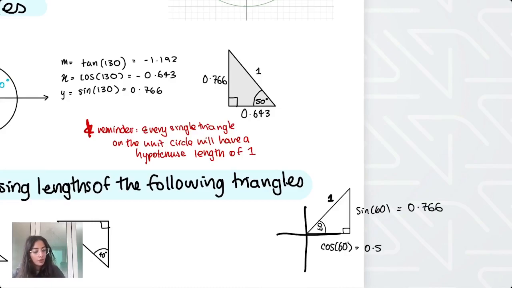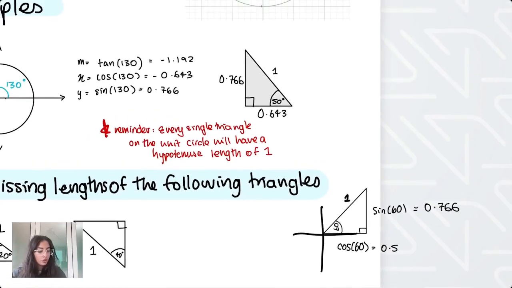Okay, so if I just draw my triangle how I drew it before, I have my 60 there, and my 60 is there, and my 1 is there. I have just found the lengths to be, so this one is 0.5.